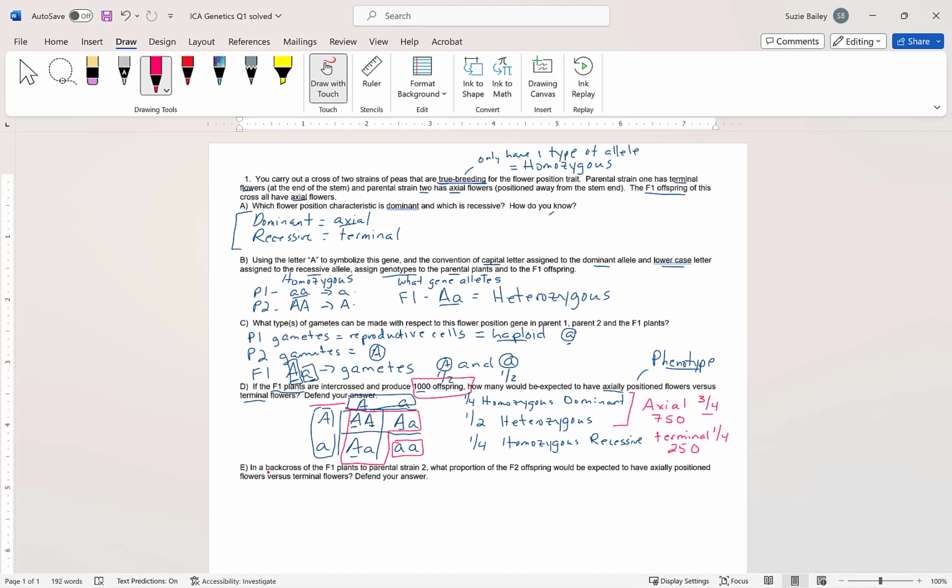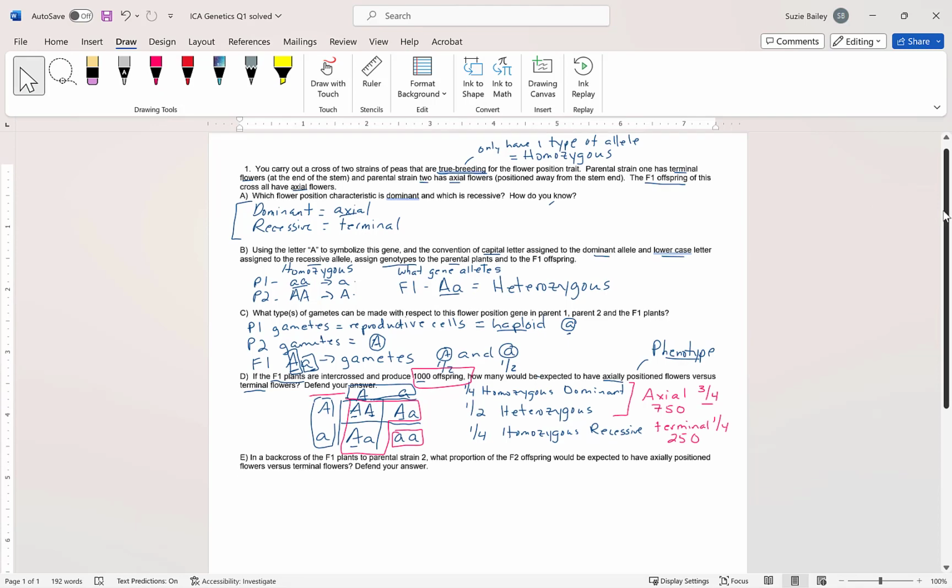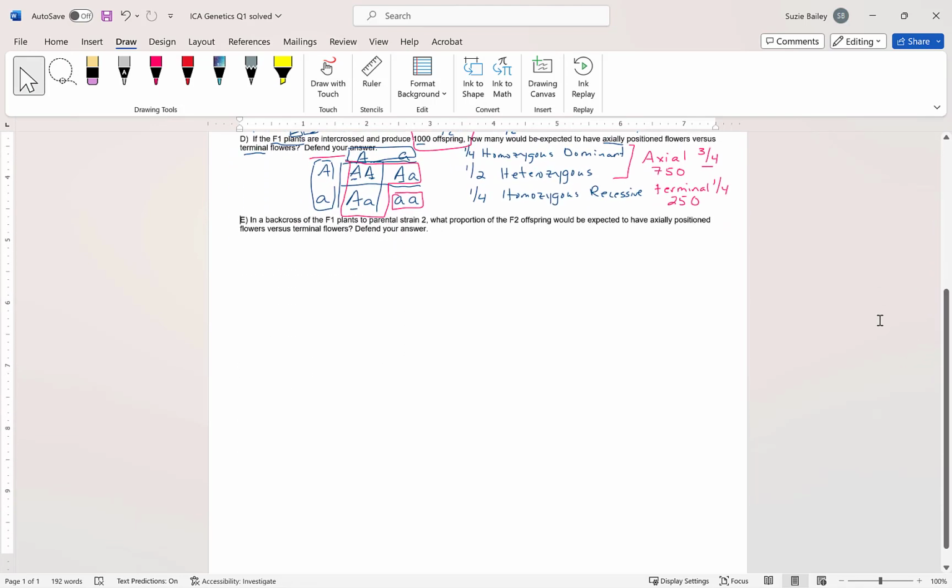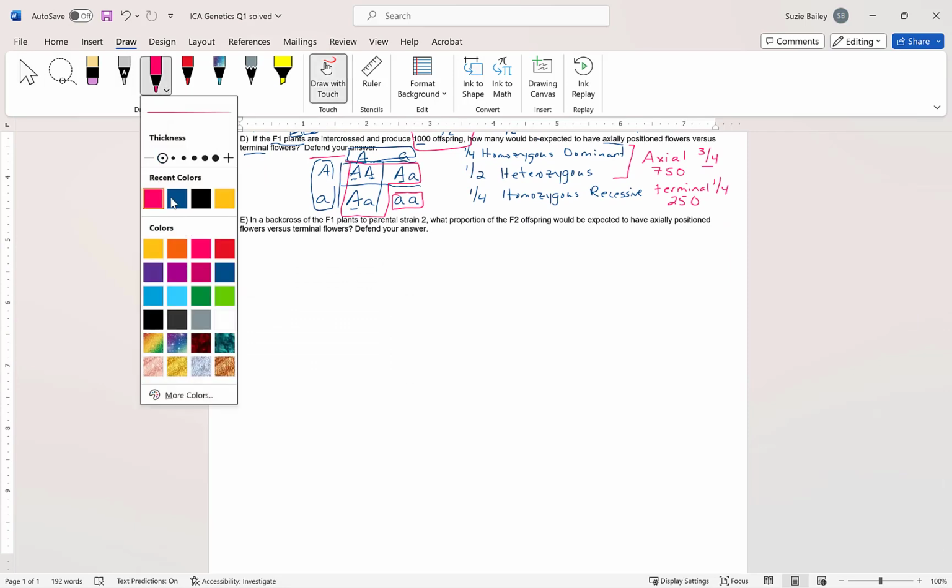Question E asks, if we take our F1s and we cross them back to parental strain 2, which remember was homozygous dominant.